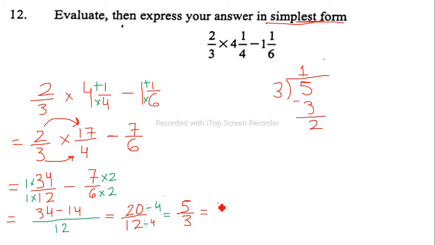So that means we have 1 and 2 over 3. All right, and that's how we would do that.